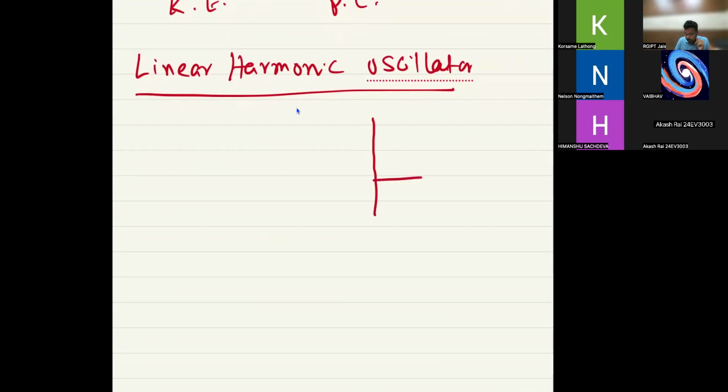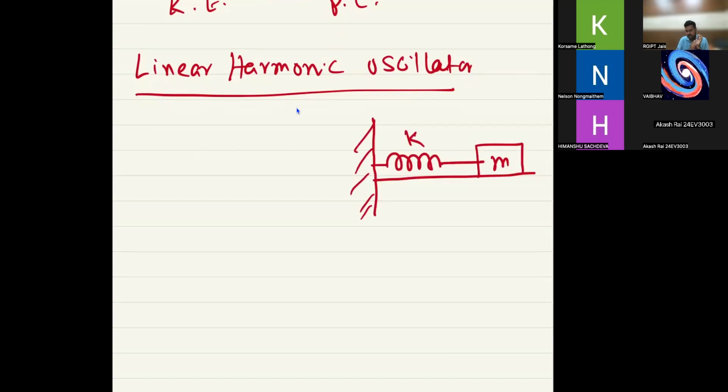Let's say you have a mass m, and that mass m is attached to a spring of force constant k. This will be one example of a linear harmonic oscillator.